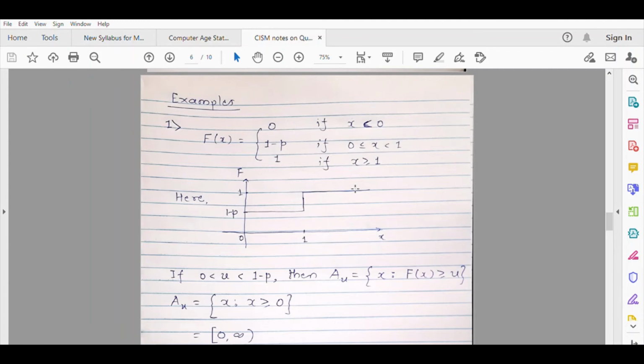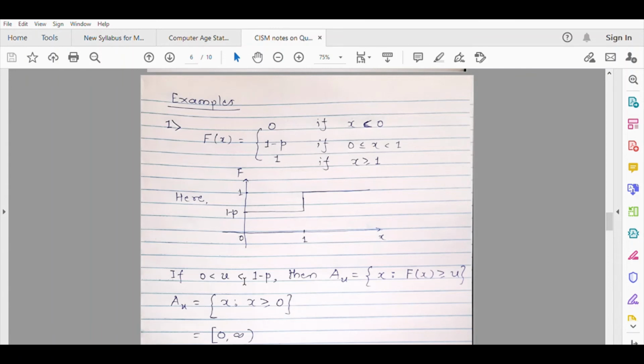When u is between 0 and 1 minus p, notice that there are only two possible values of F(x), which are 1 minus p and 1, which are greater than this value of u. Where is u? u is not equal to 0, u is strictly greater than 0, but it is less than 1 minus p. So somewhere here. Only two distinct values of F are there which are on the right of this u.